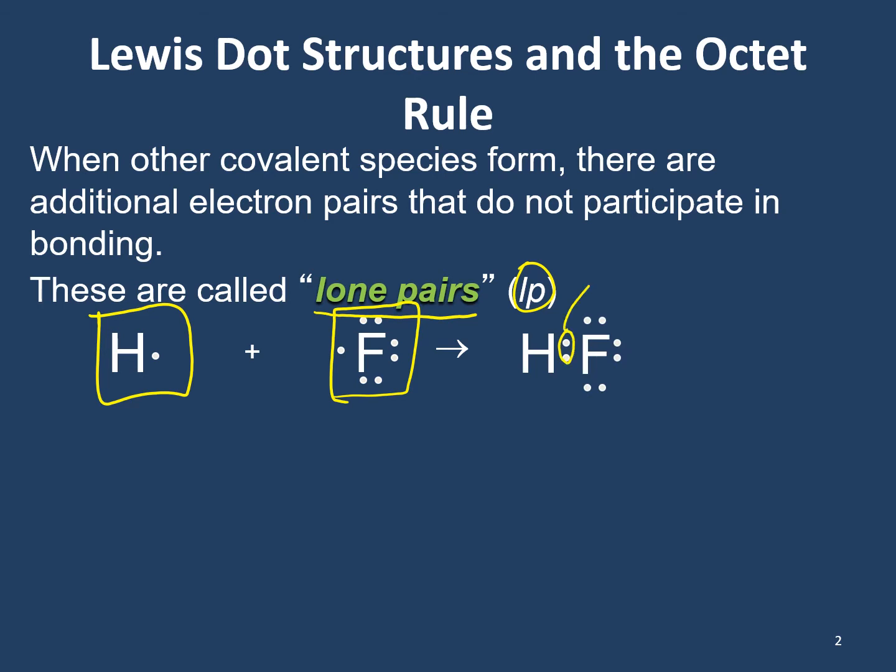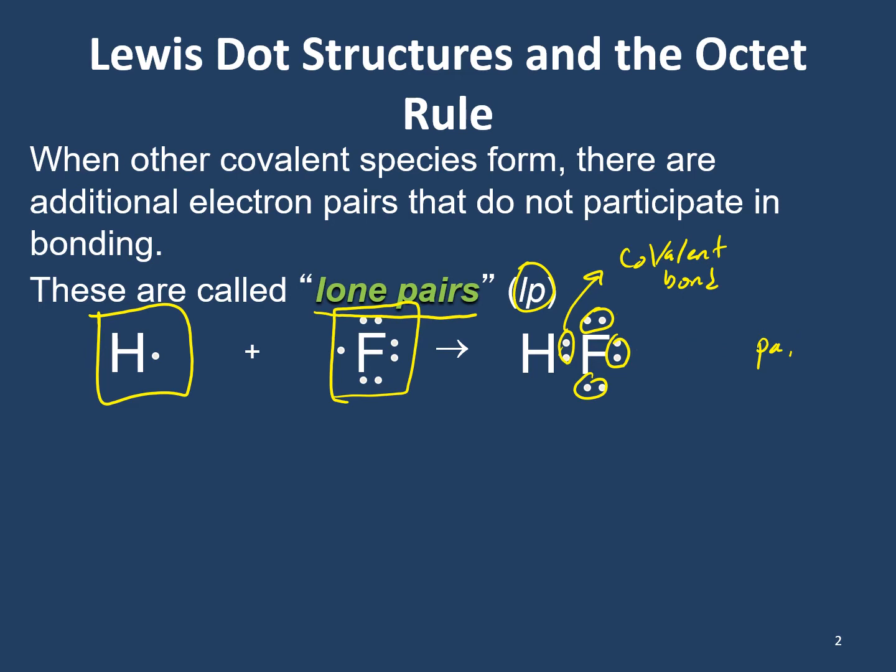These are the 2 electrons in the covalent bond that are being shared, right? So we have these 2 electrons being shared. The rest of these are what we call lone pairs. They're not actually being shared. They're just kind of hanging out on the fluorine atom.